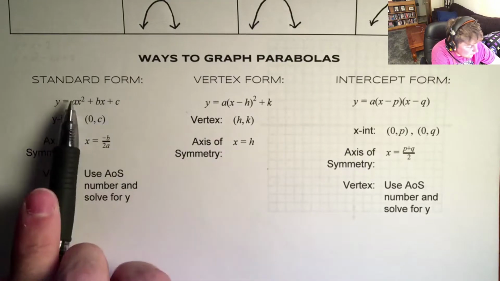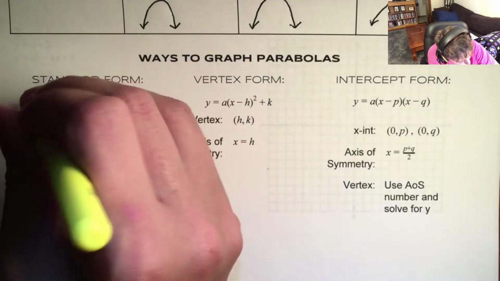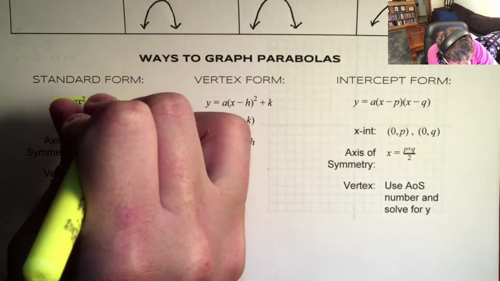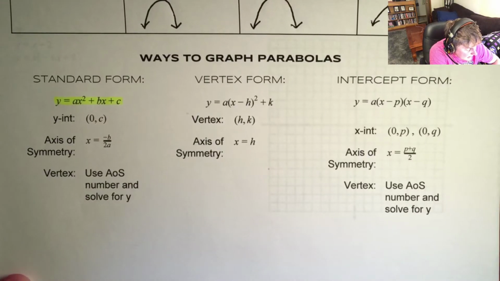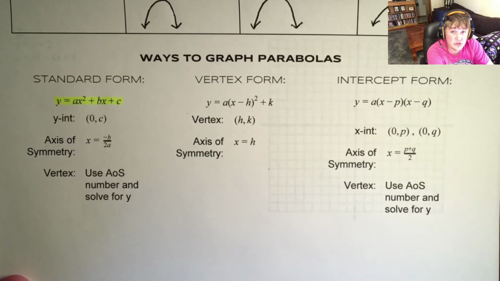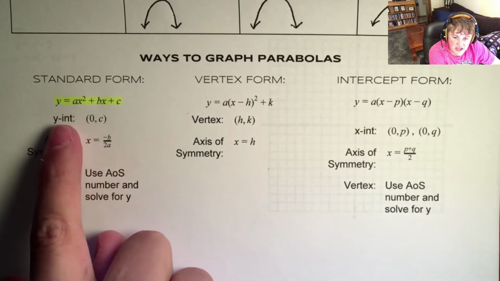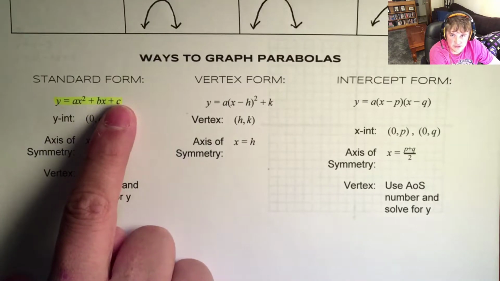So standard form here, I'm going to highlight this because this is our standard form. Okay, y is equal to ax squared plus bx plus c. From that information, you get some freebie things that are going to help get you started, right? The easiest thing that you can get from this is that the y-intercept is always the ordered pair (0, c), whatever c is.